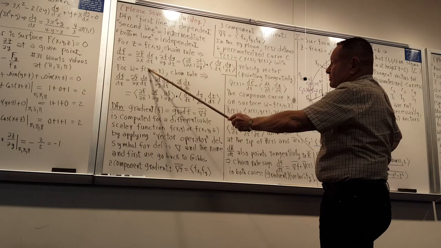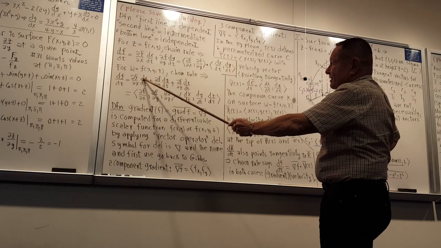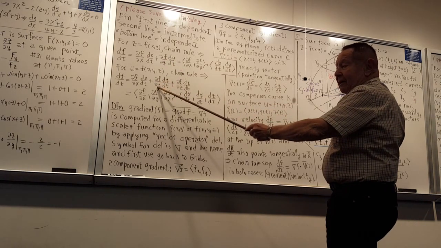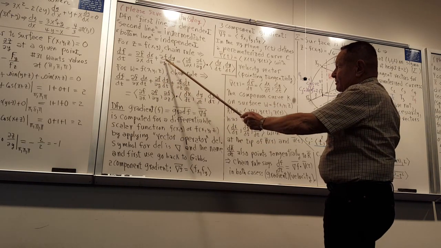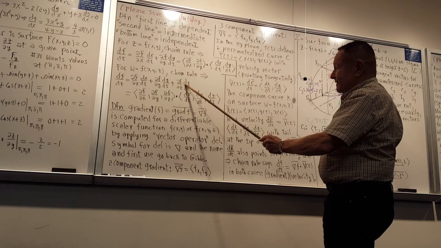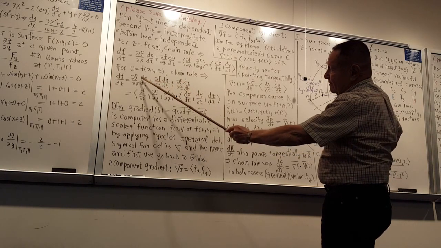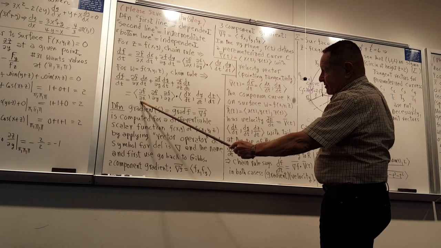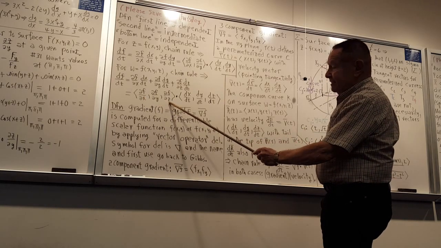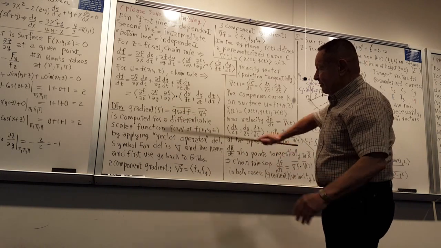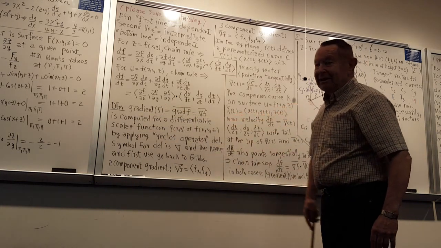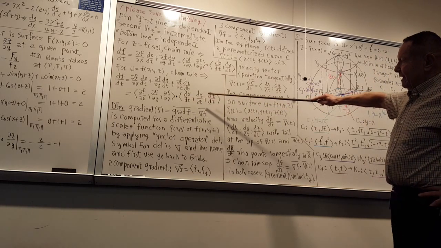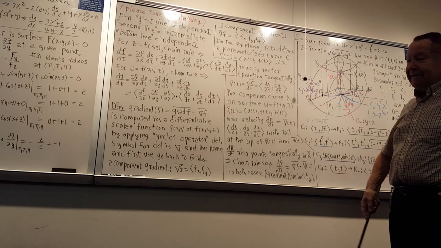You'd have your partial with respect to x, dx/dt, following the pattern here, partial with respect to y, dy/dt, partial with respect to z, dz/dt. And again, you can write this as a dot product of a vector that looks like this, and it has a name, which I'm about to drop on you, with (dx/dt, dy/dt, dz/dt).